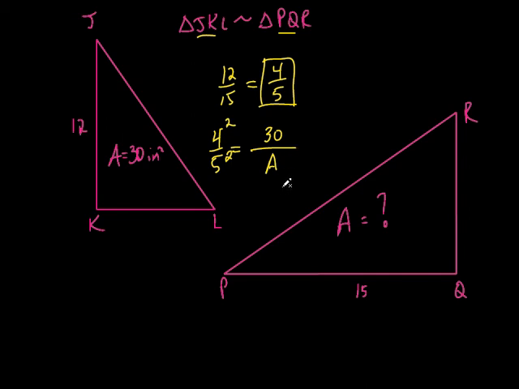Now you can go ahead and figure out what your math is. But I wouldn't even go 16 over 25 right now. What would I do? I'd probably cross multiply, wouldn't you? So watch. 4 squared times A, because sometimes that number could be a real ugly number. I mean, it's 16, you know that, but I'll just do it like this. That's equal to what? 5 squared times 30, divided by 4 squared.